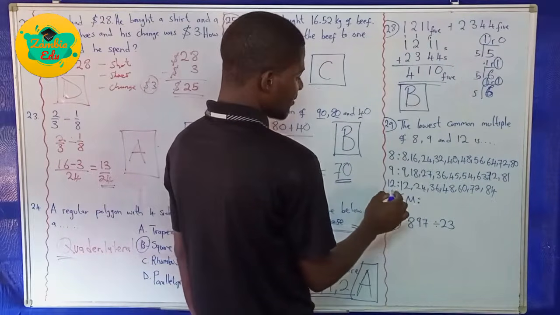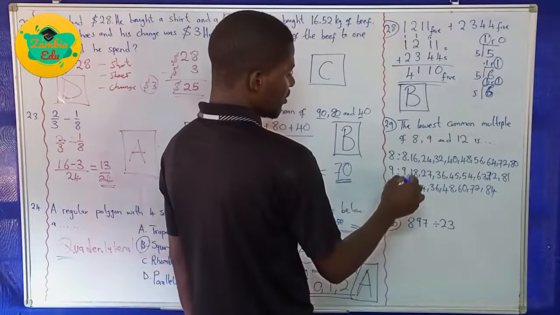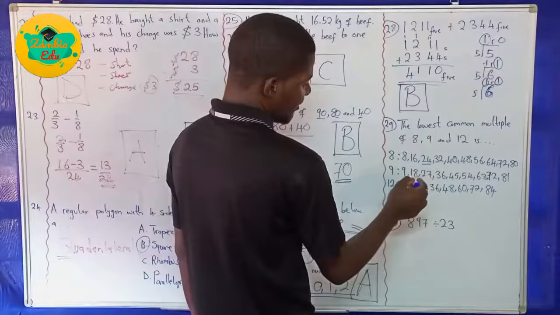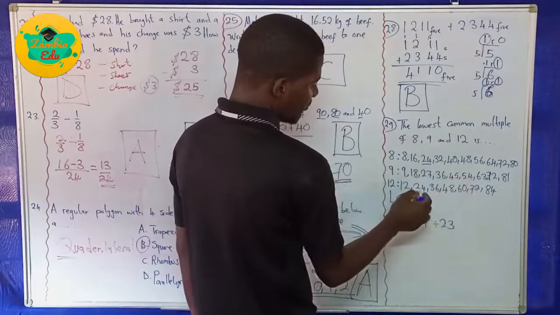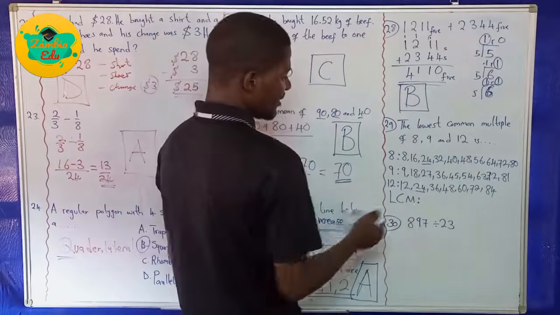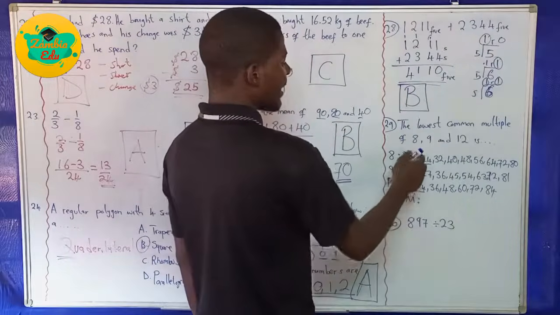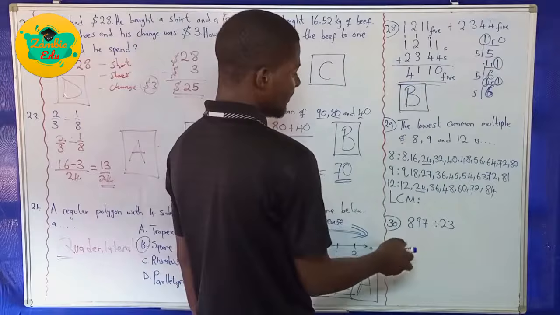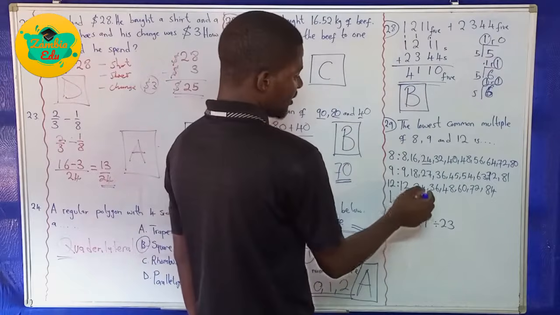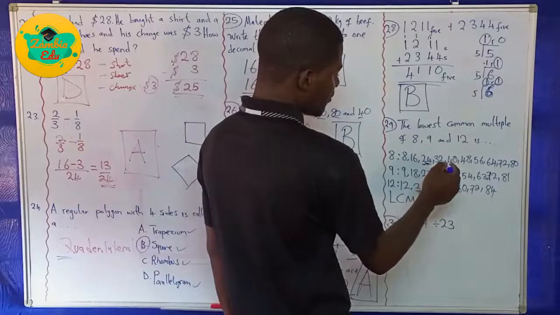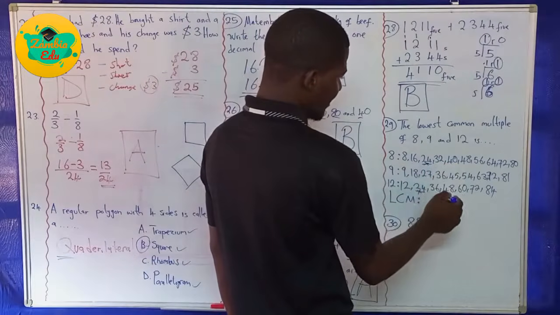Okay, 24 appears there, but 9 has no 24, although 24 appears in 12. However, what we are looking for must be something that appears in everything. So the answer cannot be 24. Let's see what else. 32 only appears in 8 and nothing else.